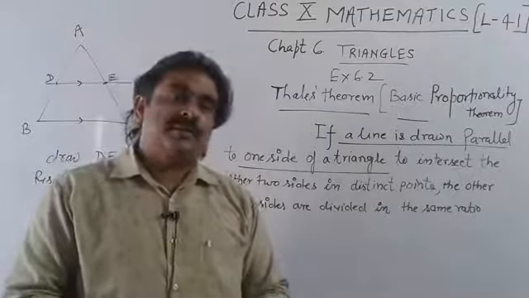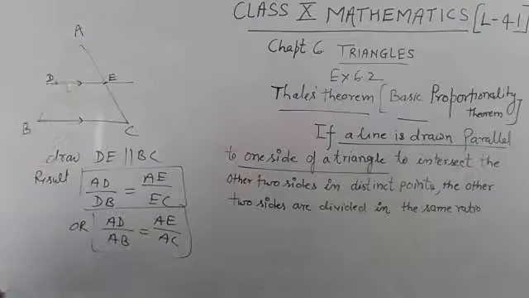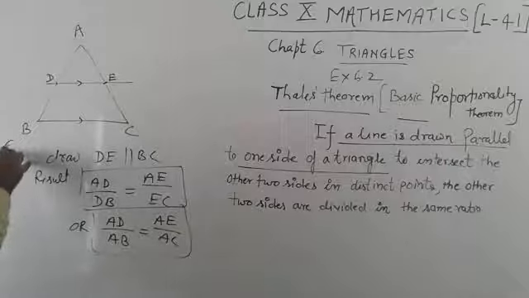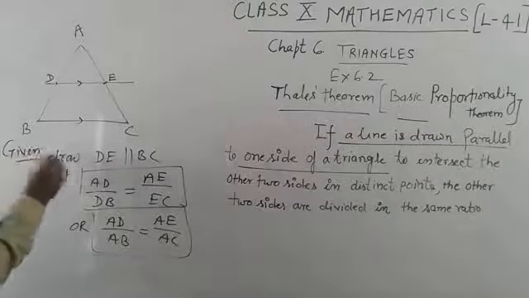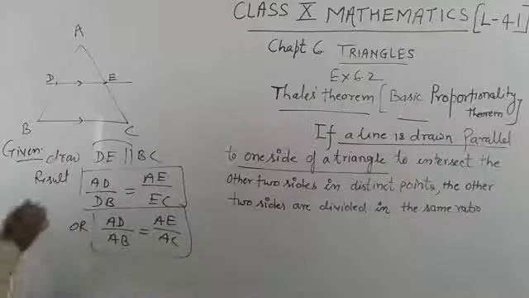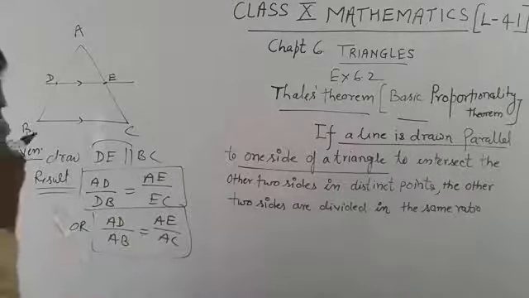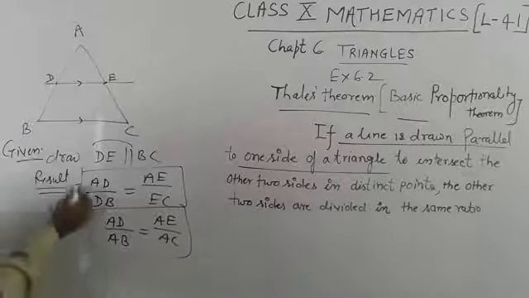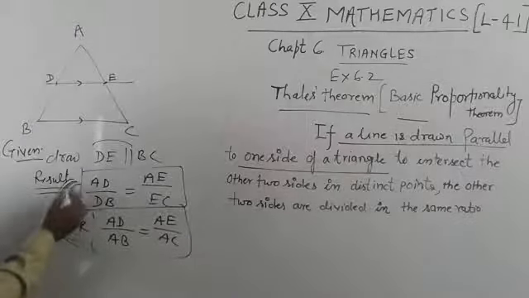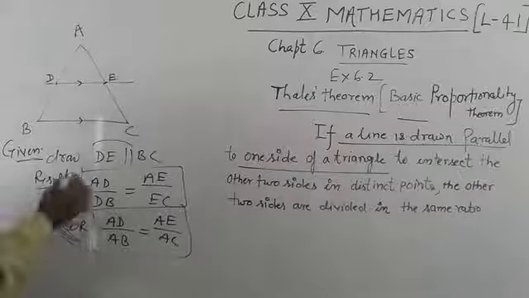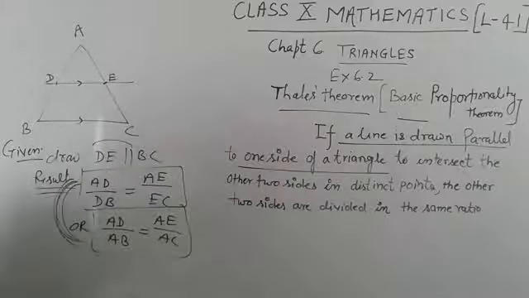Converse means inverse. Here we have been given parallel lines and the result is this. But in the case of the converse, we are given the same ratio, and if the given ratio is the same, then we can say the lines will be parallel.